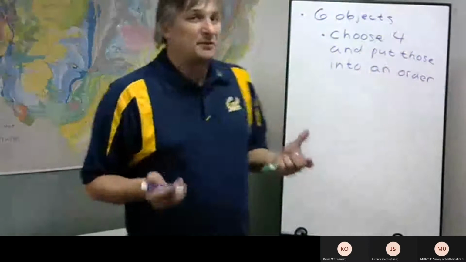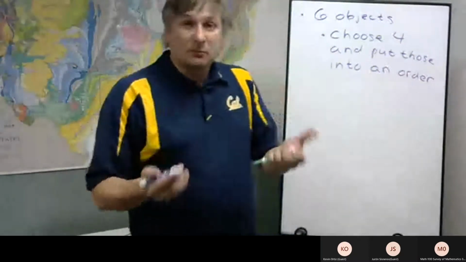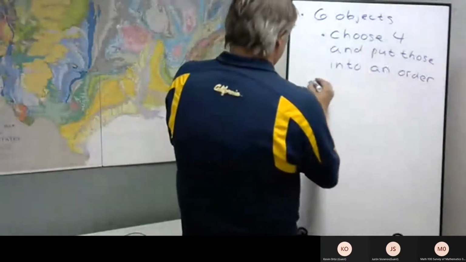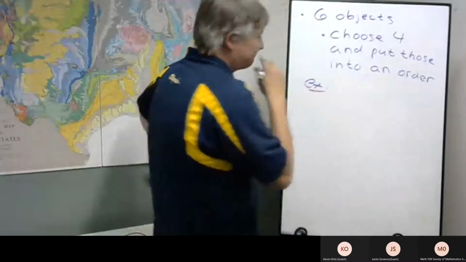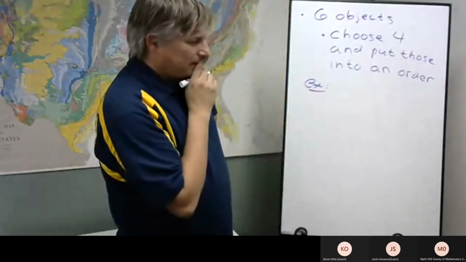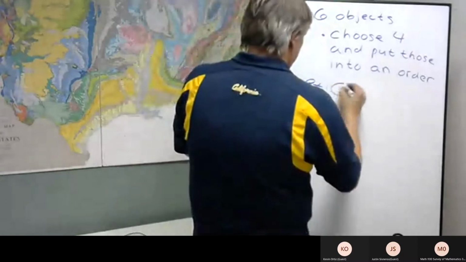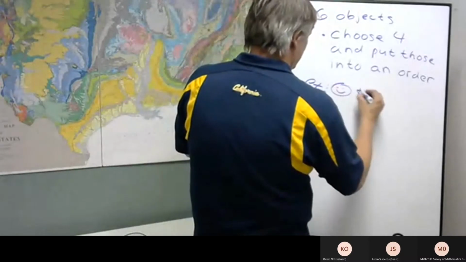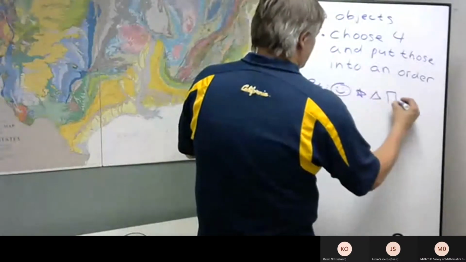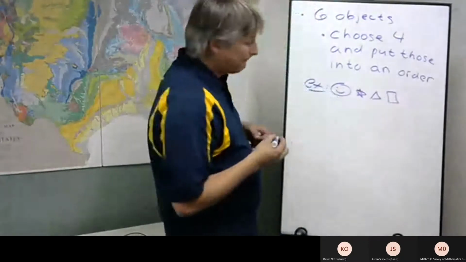So we're going to place these in some kind of an order. To give sort of a visual example, let's go back with our shapes. The smiley, the star, the triangle, the square, in no particular order.